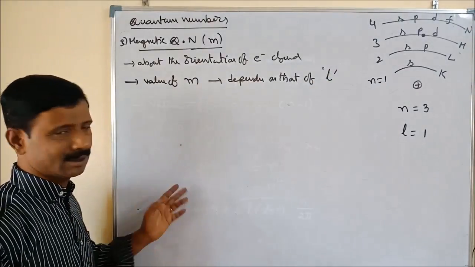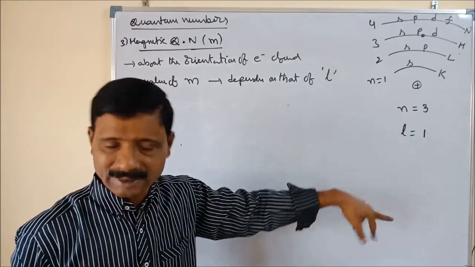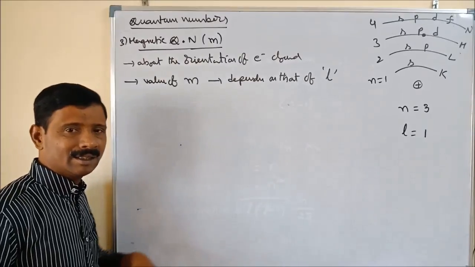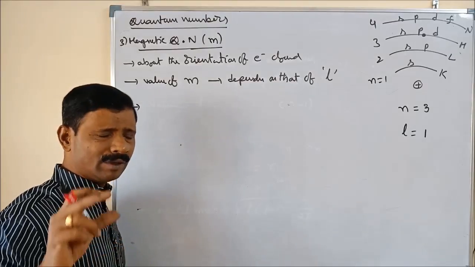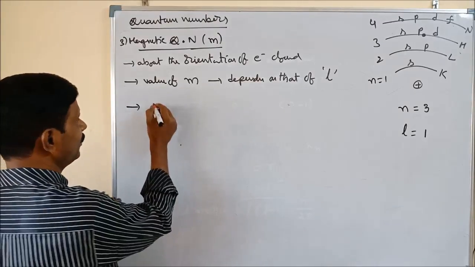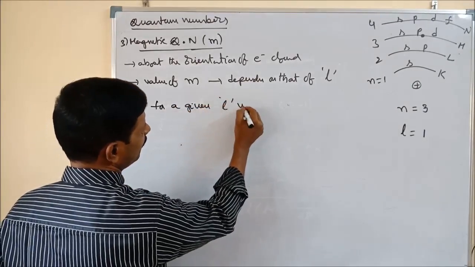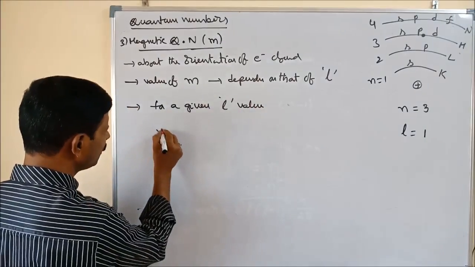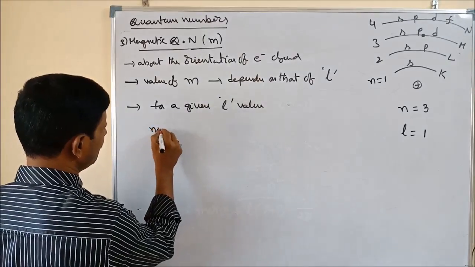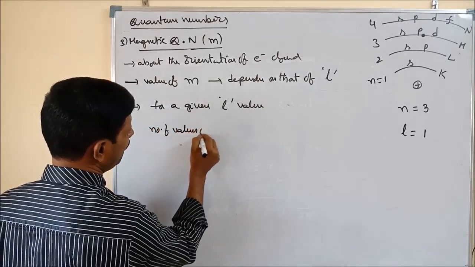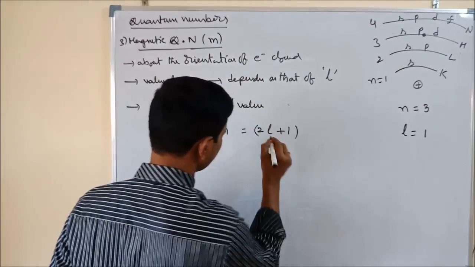See now the relation. The l value depends on n, whereas the m value depends on l. So these three are internally related. And here, if you observe the total values of m for a given l value, the number of values of m is nothing but 2l plus 1.